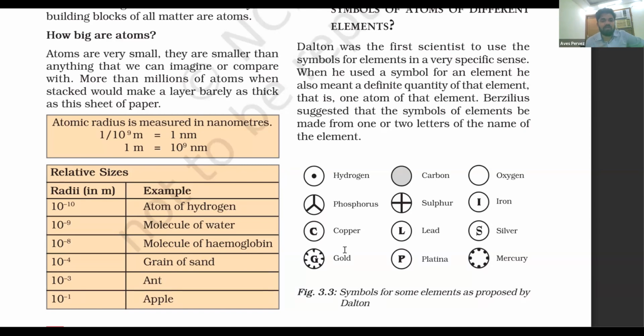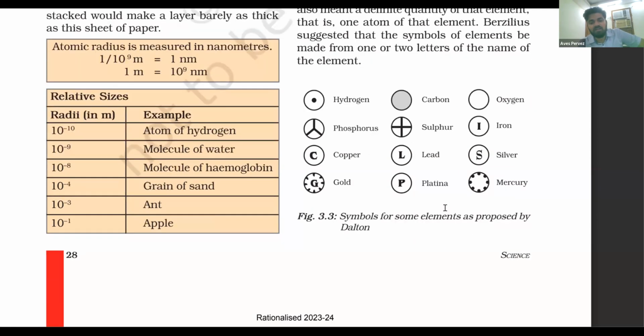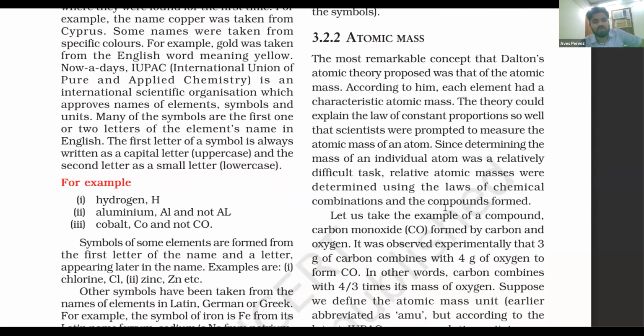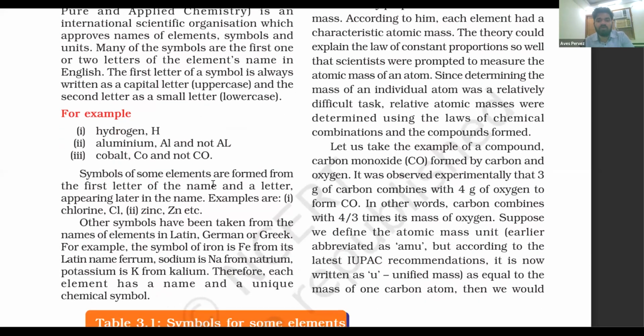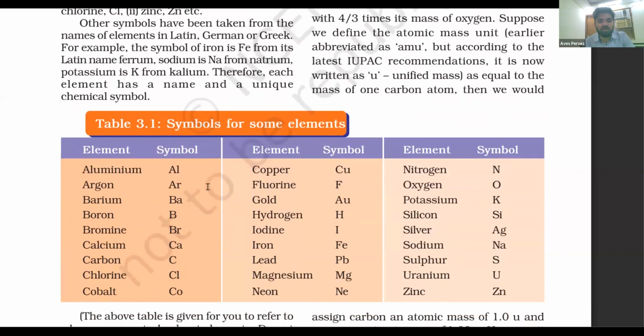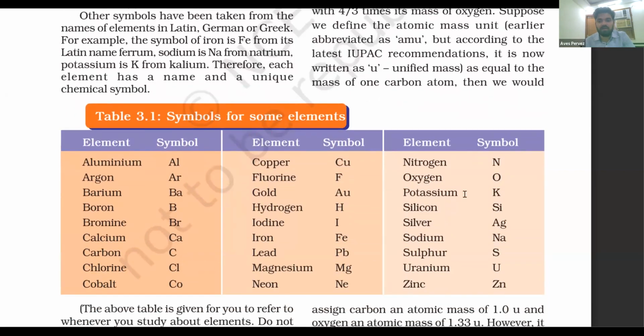But later, as we discovered more and more elements, these ancient methods were rejected, and we started writing their names as symbols. Hydrogen is H and aluminium is Al, not A capital L. Cobalt is Co, not C and capital O. So you need to write their IUPAC symbols according to this, and this table you have to copy in your notebook, or you can memorize it.